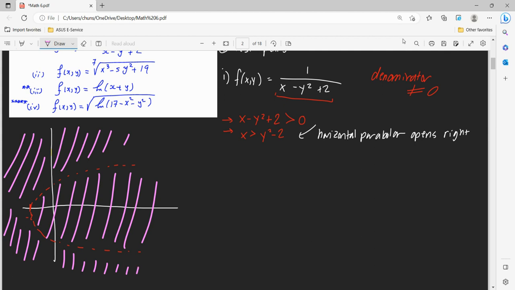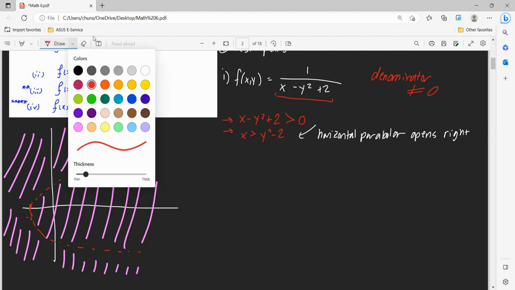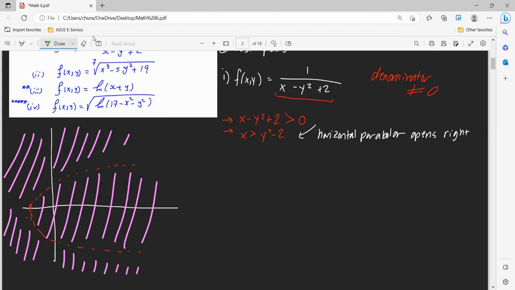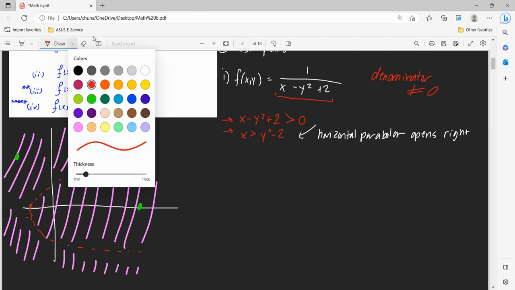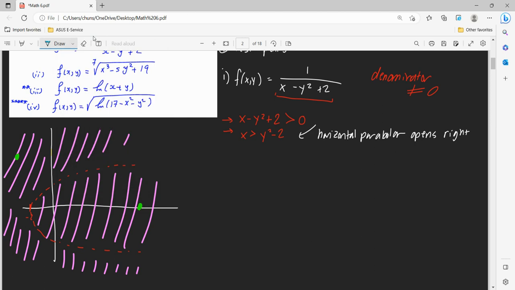So we want to test where our points are true. So we're going to test a left point here and a right point here. So let's call this point, in blue, 8, 0.